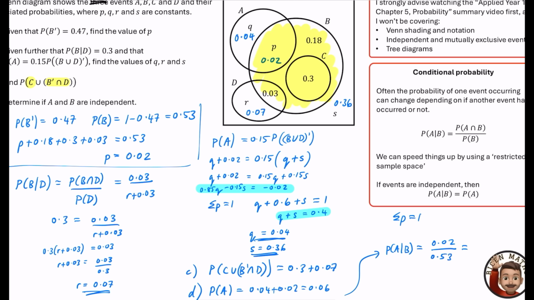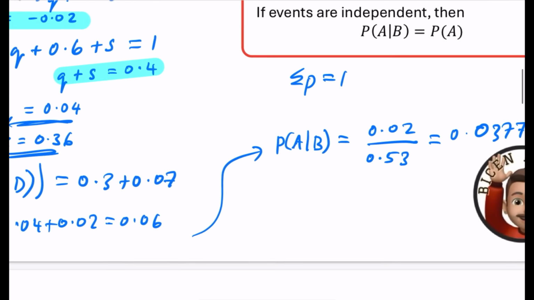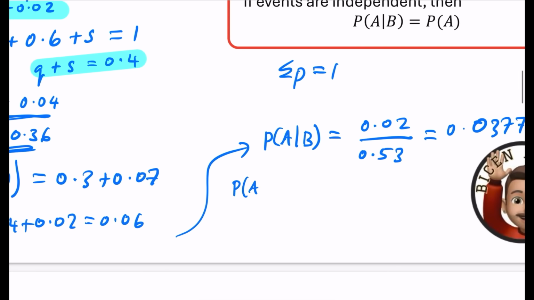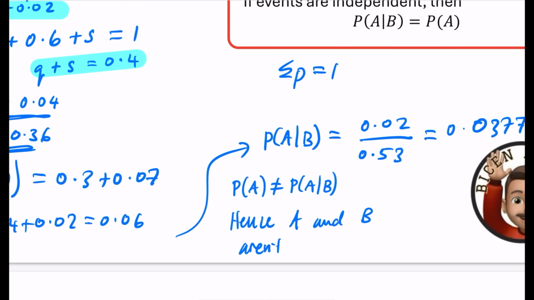Pretty obviously, this is not going to be the same as 0.06. This is 0.0377. So I can say the probability of A is not equal to the probability of A given B. Hence, A and B aren't independent.